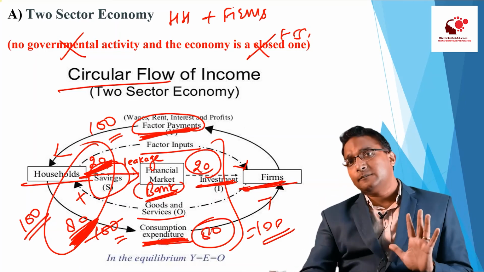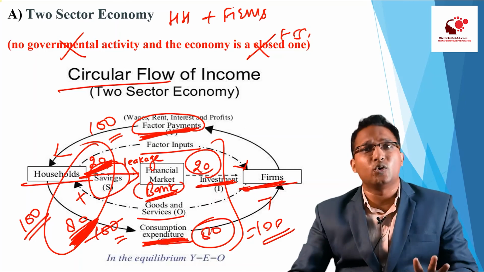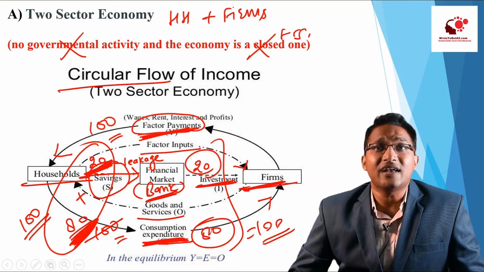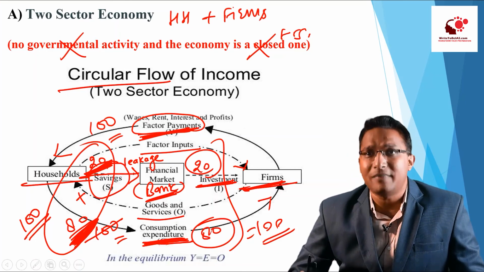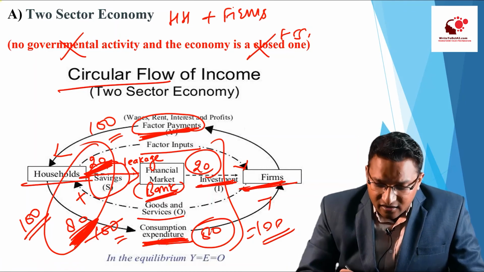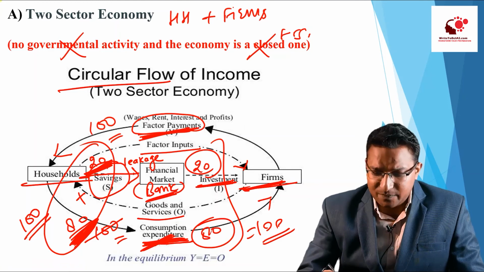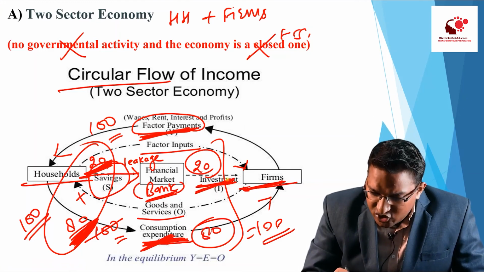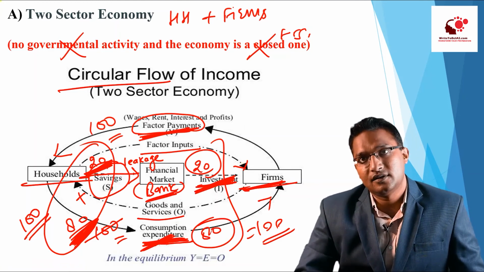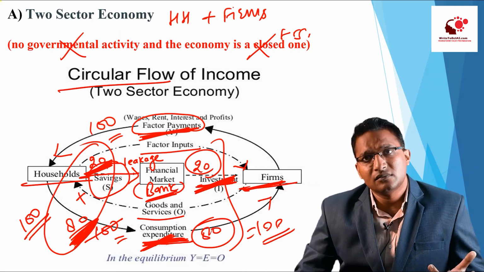So can we say that if we have to calculate the national income as per the expenditure method, we can add this consumption expenditure and this investment expenditure, right? That will be the income.